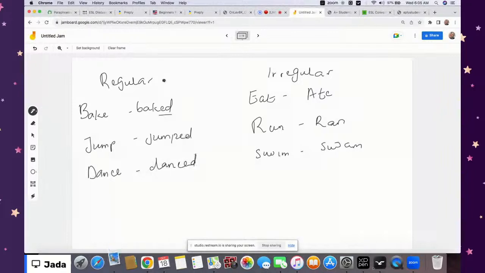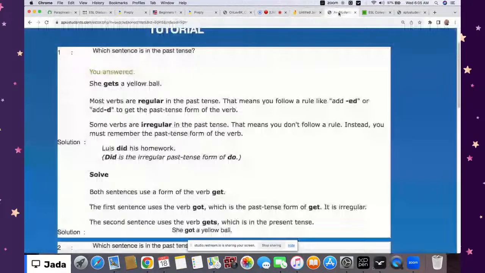Okay, so this is it for the regular. The regular follows a particular rule. You have to add the ed at the end to show that it is past tense. But the irregular does not follow the rule. It has eat, ate, run, ran, swim, swam. So you have to be the one to remember the past tense form of the verb.